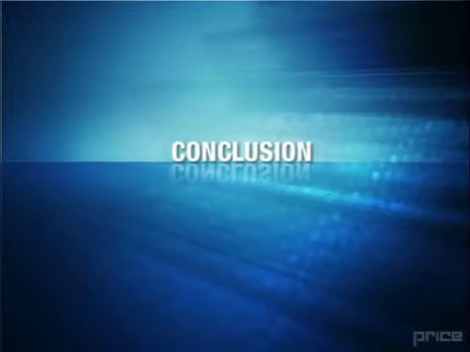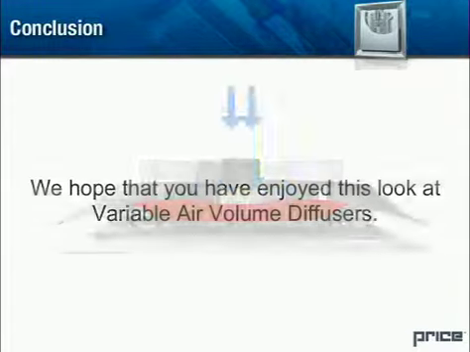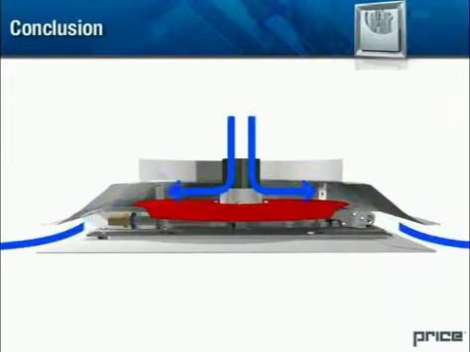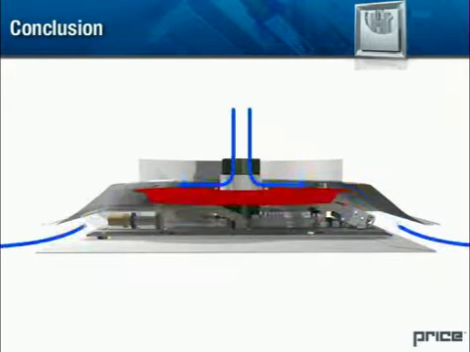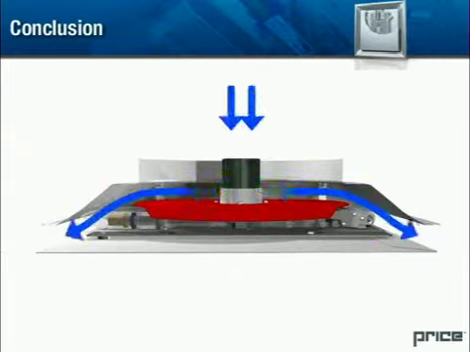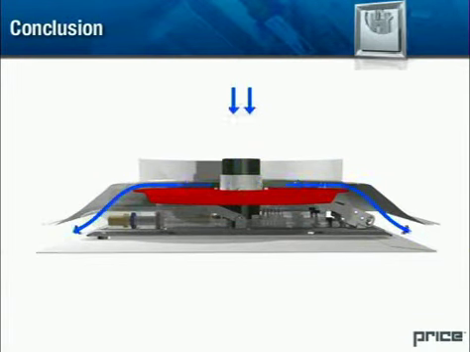Conclusion. We hope that you've enjoyed this look at variable air volume diffusers. We've explored many of their aspects, including their concept of using self-modulating diffusers to monitor individual space conditions and adjust airflow to satisfy occupants' selected levels of comfort.